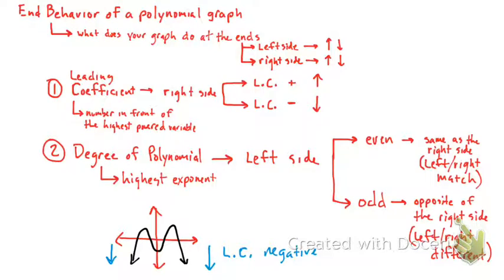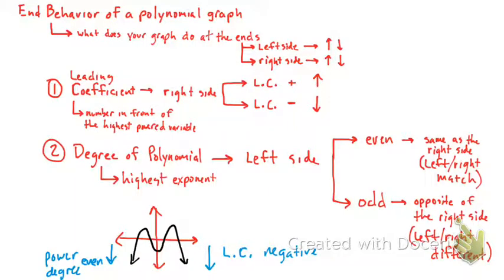So my highest power, or degree, has to be an even number. This is just one example. From this graph we got two pieces of information. Our leading coefficient is negative because my graph is going down on the right side, and the degree is even because my graph on the left side matches what the right side is doing.